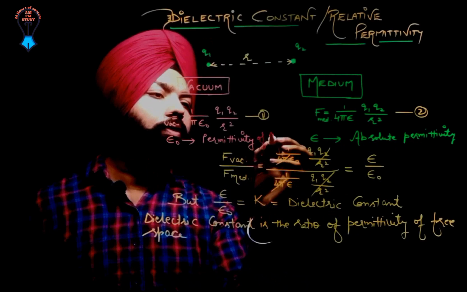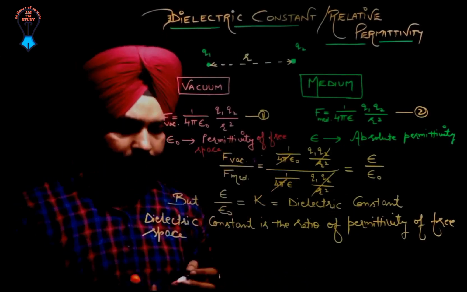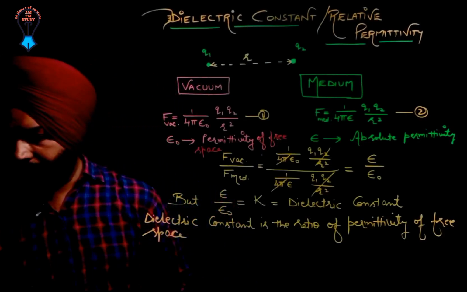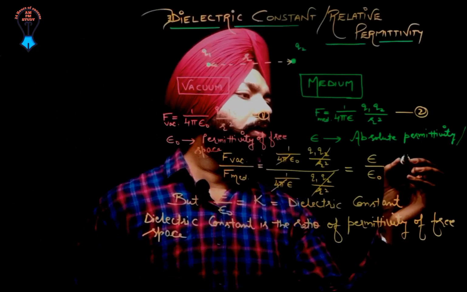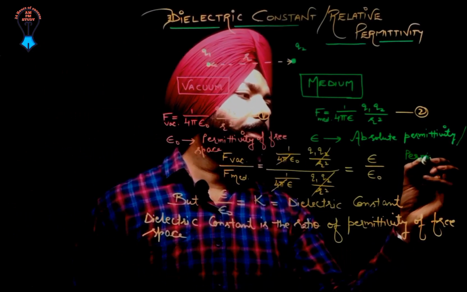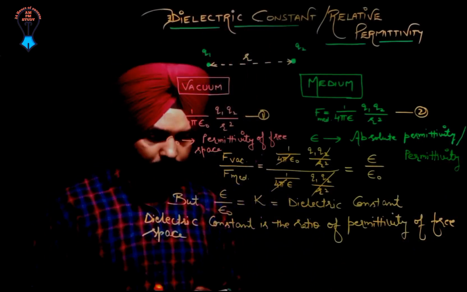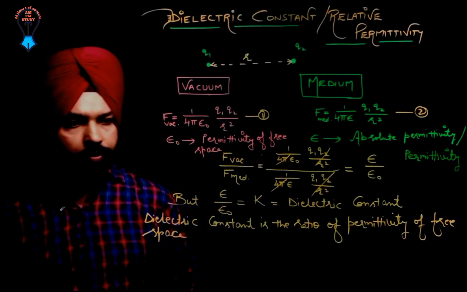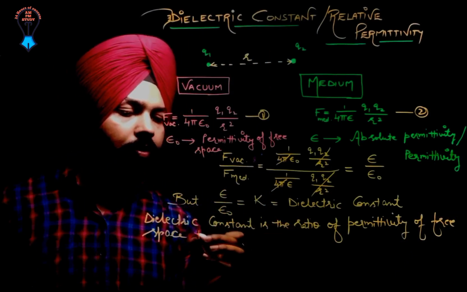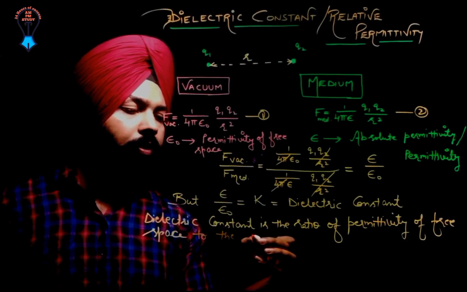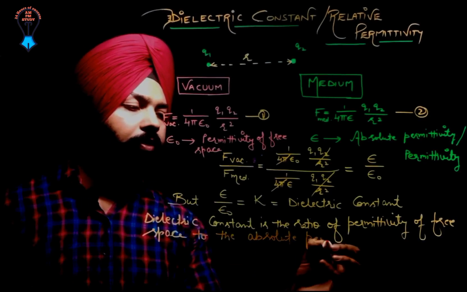Permittivity of free space, and in this case we can write absolute permittivity or just permittivity. So dielectric constant is the ratio of permittivity of free space to the absolute permittivity.